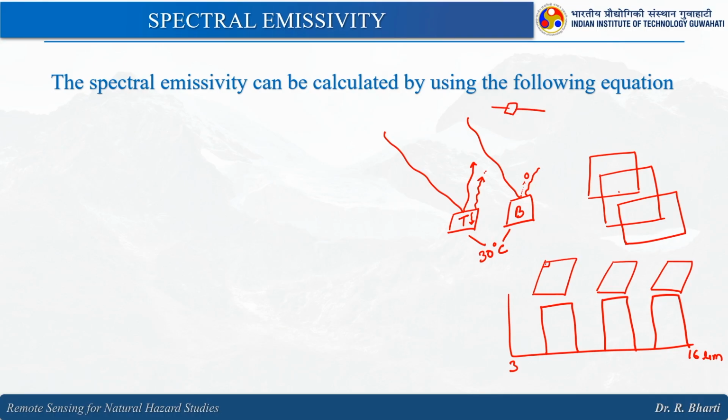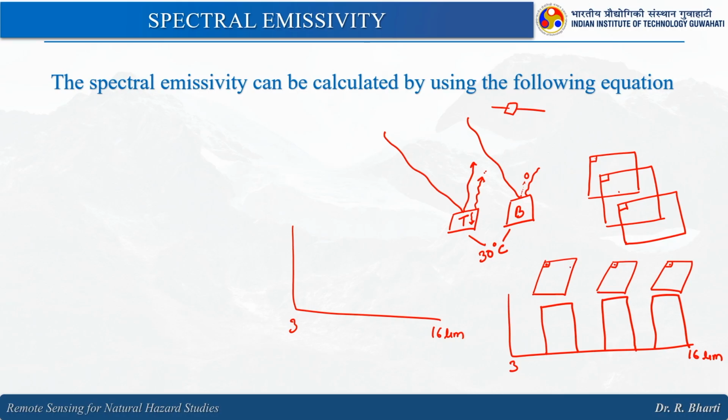So, the first pixel of all these images represents the same area. Then we can have this 3 to 16 micrometer wavelength plot and the first pixel emissivity will be calculated.